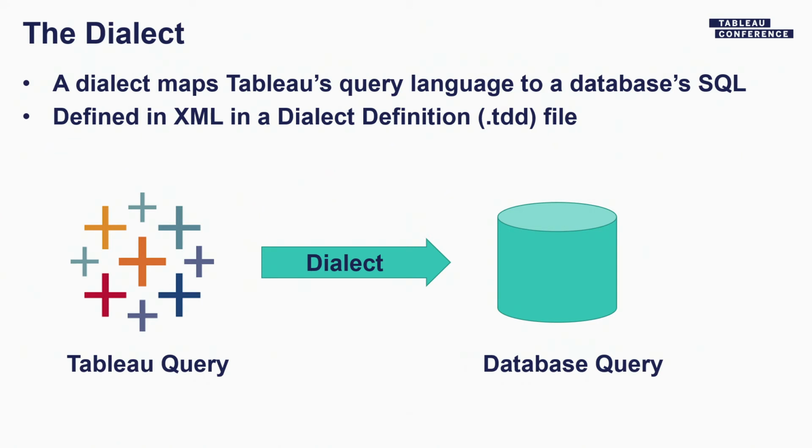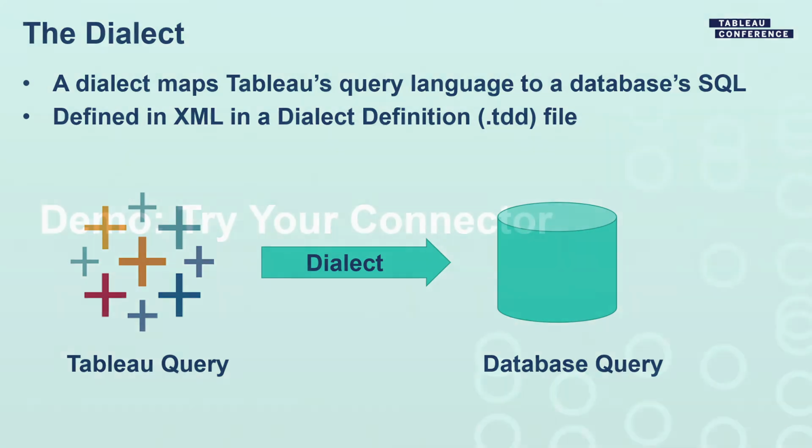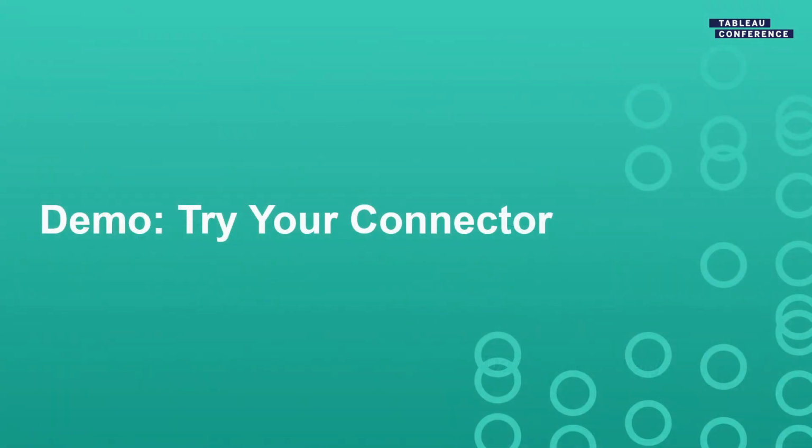So if your database uses a protocol similar to, say, MySQL or PostgreSQL, you can use that dialect and inherit all of those mappings, and then just tweak the dialect when you have certain syntax errors that come up. And if you're wondering, you don't have to just go and run a bunch of queries yourself and figure out what is broken. In a couple slides, Stephen will show you our testing harness. But before that, let's actually try out the connector.